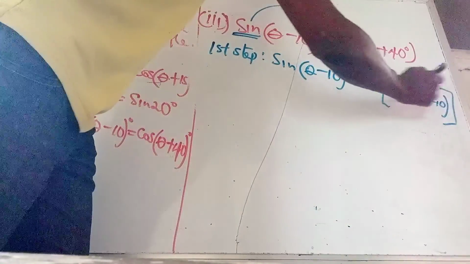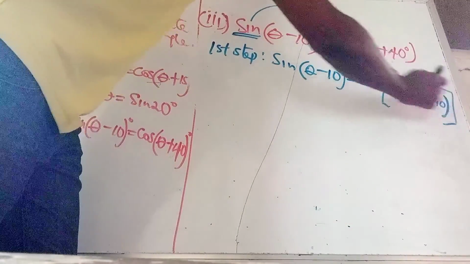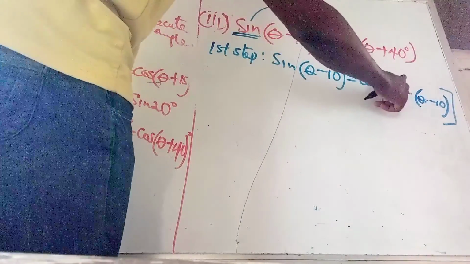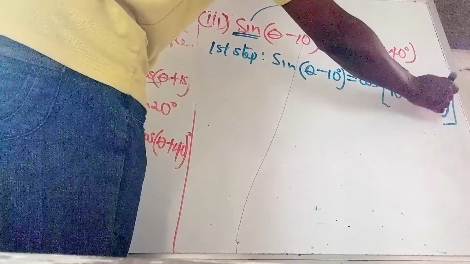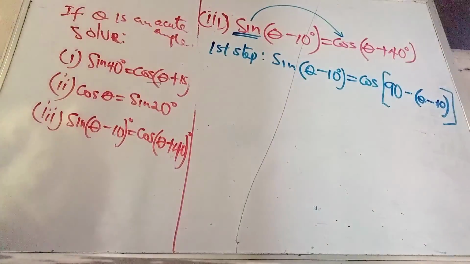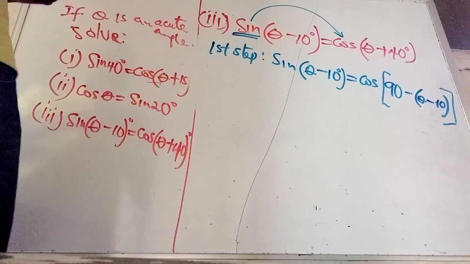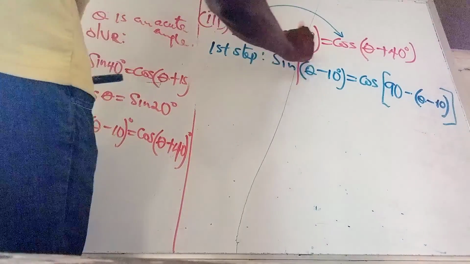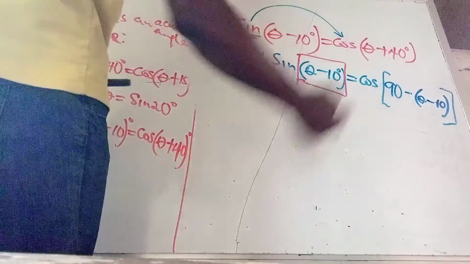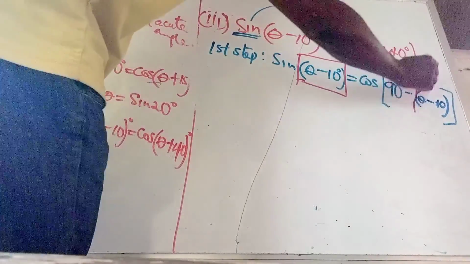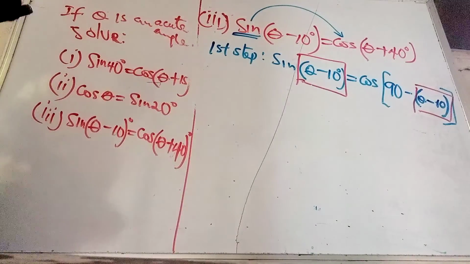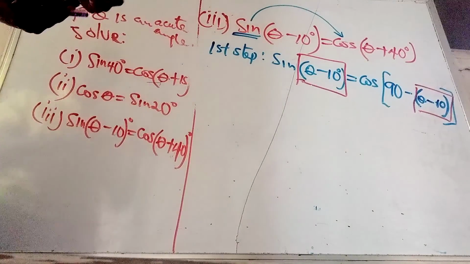If you don't open this inner bracket, the negative sign here will not affect this term, and that will be a mathematical error. Don't forget, I am subtracting the whole of this from 90, so definitely I have to put it in a parenthesis.